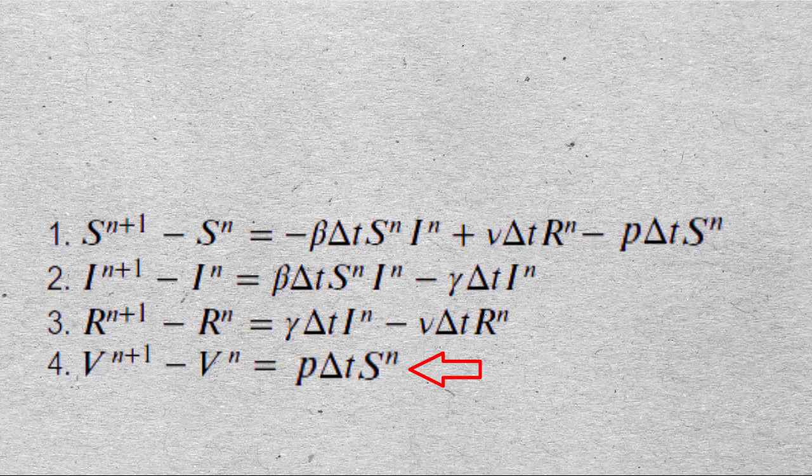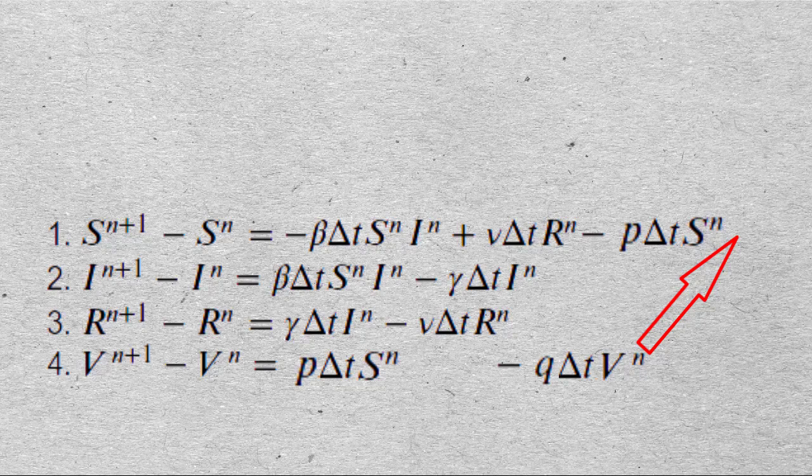We've assumed that vaccinated individuals cannot get the disease. If the vaccine were less than 100% effective, we could subtract an expression from the V difference equation and add that same expression back to the S equation.